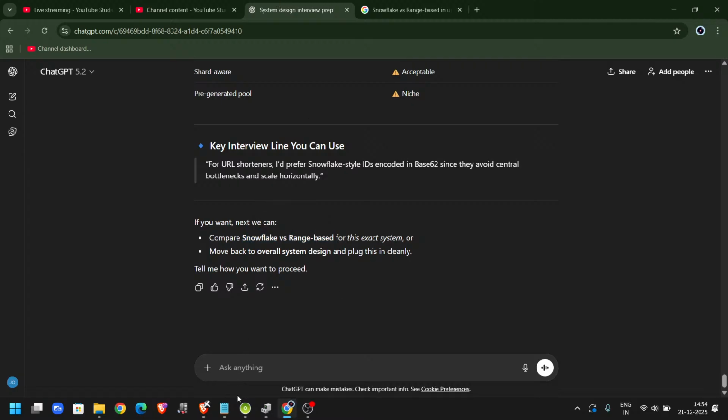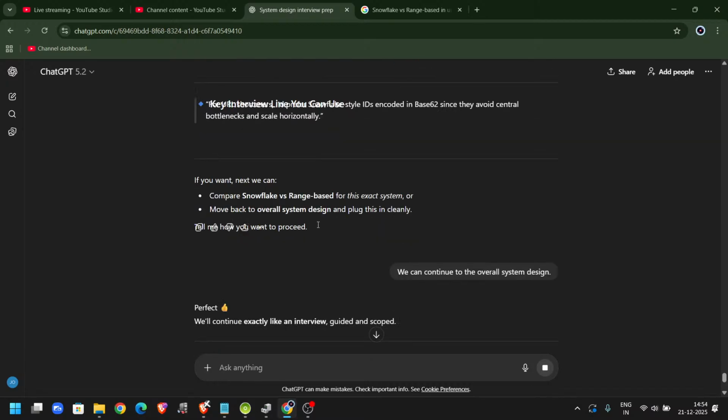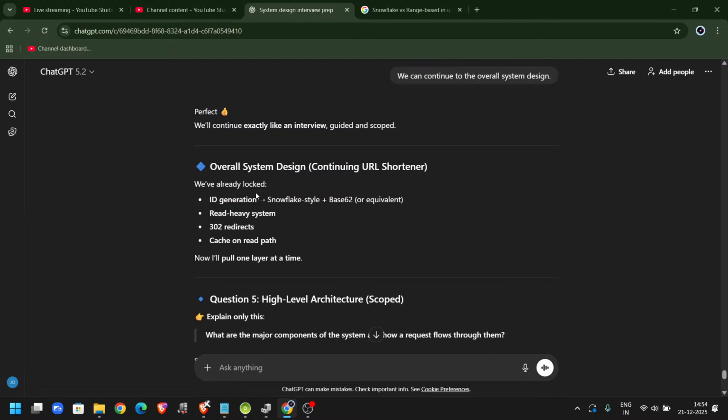We can continue. Okay, let's see what it asks next. We have already locked ID generation to Snowflake design plus base 62 or equivalent, a read-heavy system with 302 redirects, and cache on the read path.